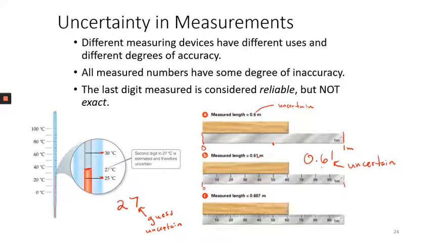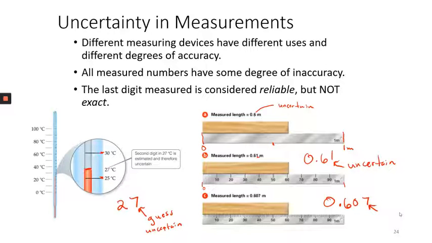So you're allowed to have one uncertain decimal place or digit. Now down here is an even better ruler. If we zoom in, we can see that it is greater than 0.6 but less than 0.61, so it's somewhere in the middle. So here we can guess the 7.